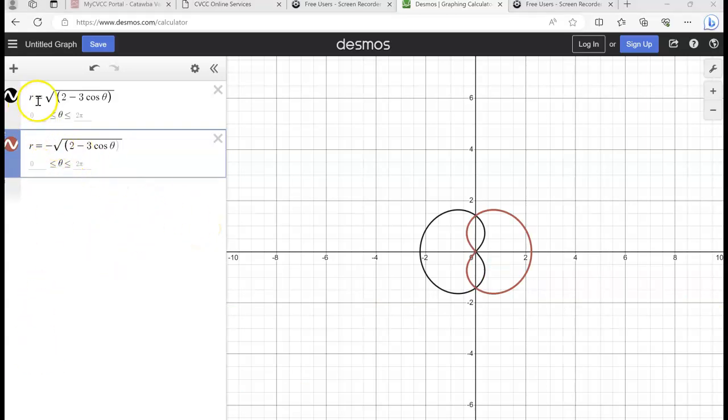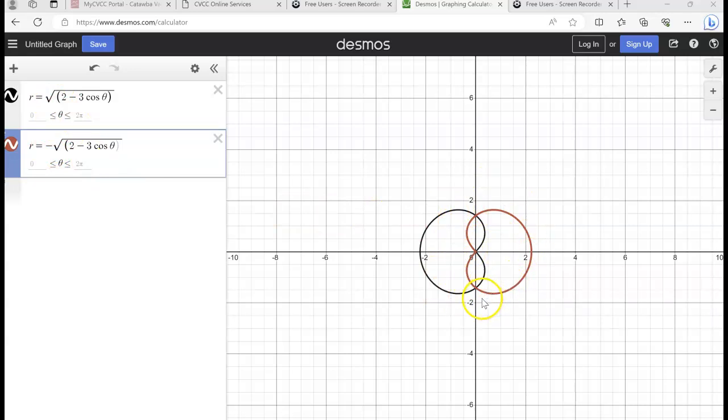So when I graphed this one, Desmos kept giving me an error. You saw the little triangle over here when I did r squared is equal to 2 minus 3 cosine of theta. So if we take the square root of r, remember, anytime you take the square root, you have a positive and a negative. So you can see both halves of the graph here.